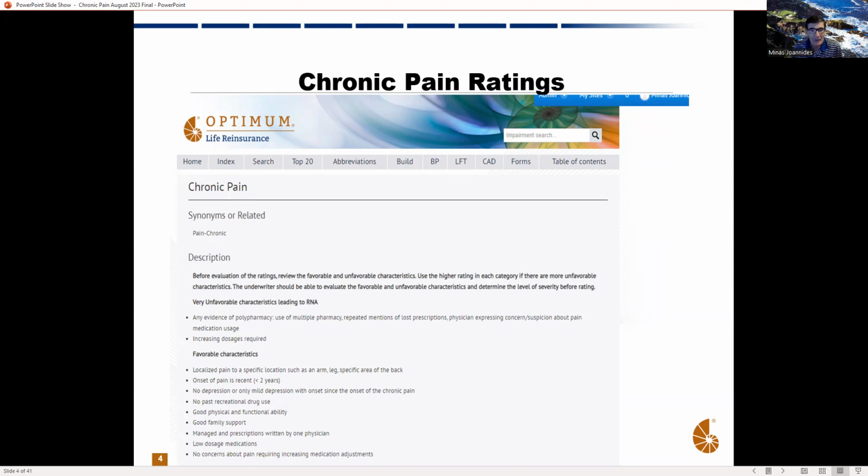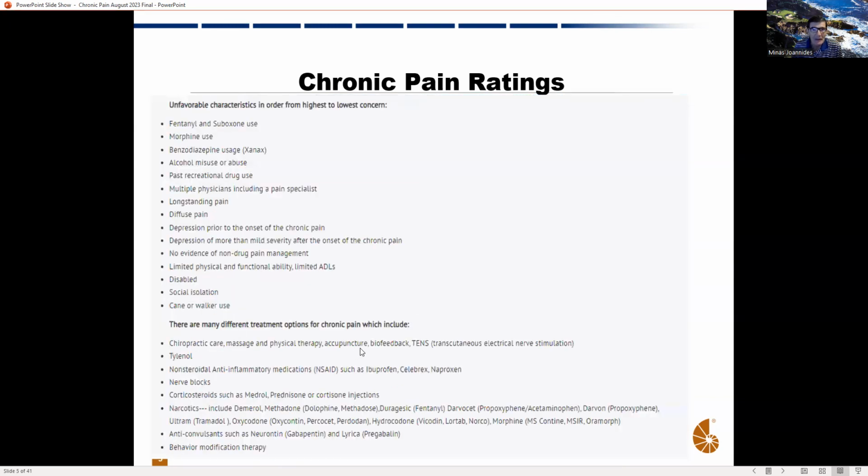Good physical and emotional functional ability. Good family support. Prescriptions are written and managed by one physician rather than a multitude of physicians prescribing pain medicines, low dose medications, and no concerns about pain requiring increasing medical adjustments.